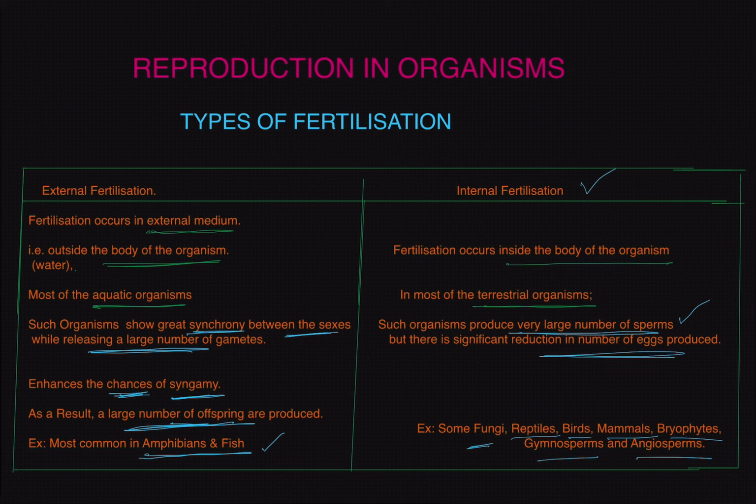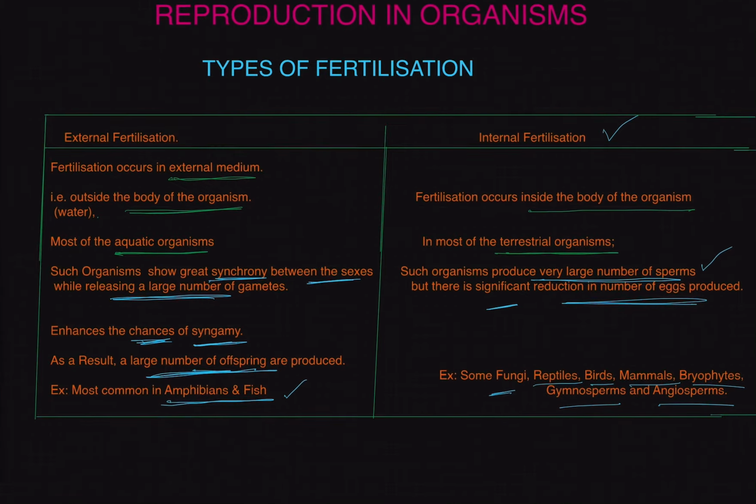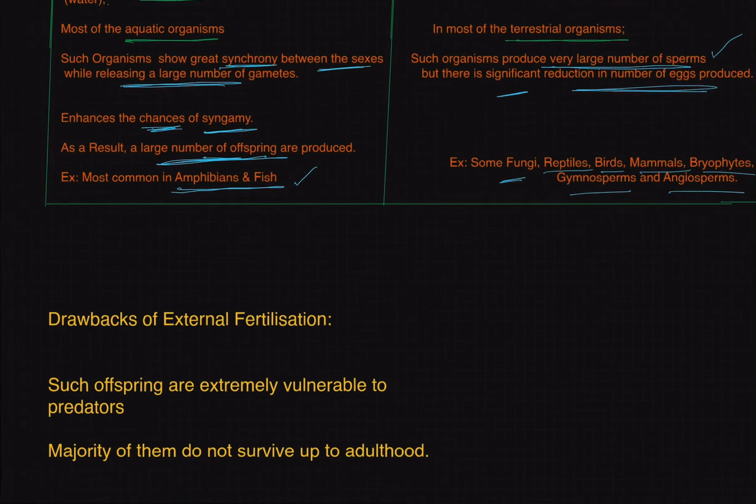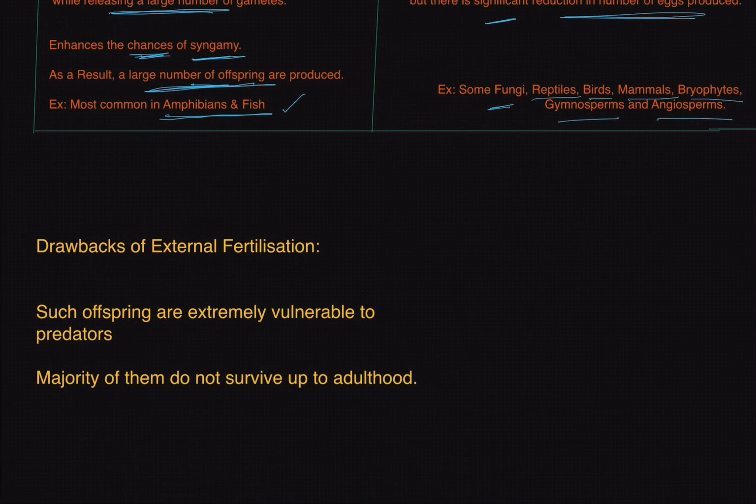There is a significant reduction in the number of eggs produced in internal fertilization, right? So, those organisms that reproduce by internal fertilization produce more male gametes than female gametes.